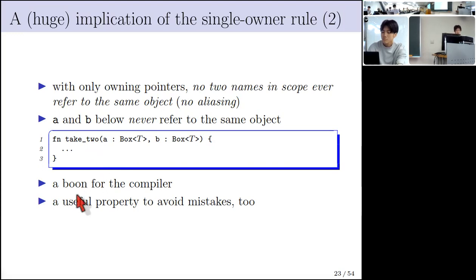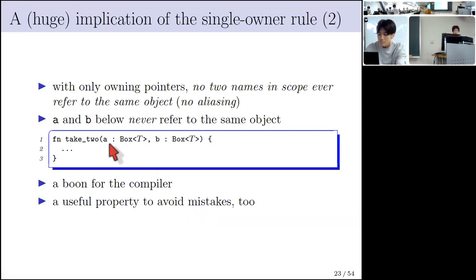So this is basically good news for the compiler trying to optimize memory references through these pointers. And it is actually a useful property for the programmer too in some cases. In some cases, of course, it's sort of inconvenient, but in other cases, it is a useful property to avoid mistakes.